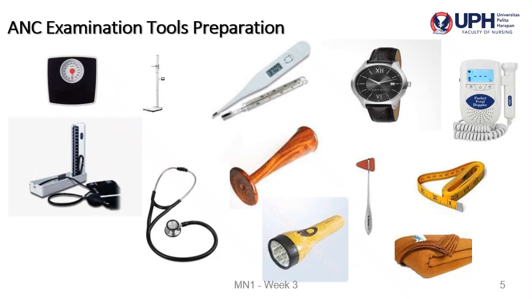These are the tools that we use in ANC to examine our patients. As you can see here, we have the weight scale, the height measurement, we measure their temperature, and we measure the heart rate and the respiration rate of the mother. We use the Doppler, the Linex, the stethoscope and the sphygmomanometer to measure their blood pressure.